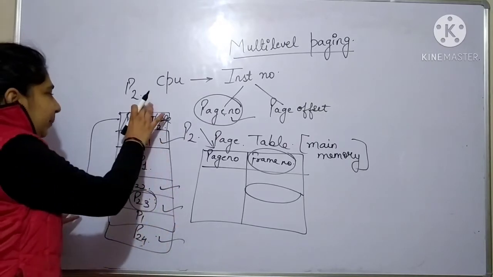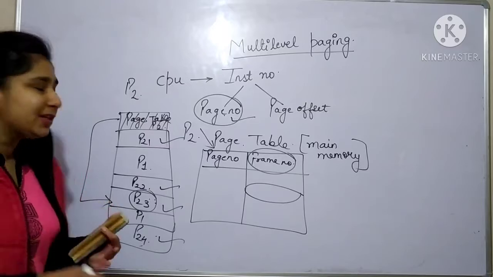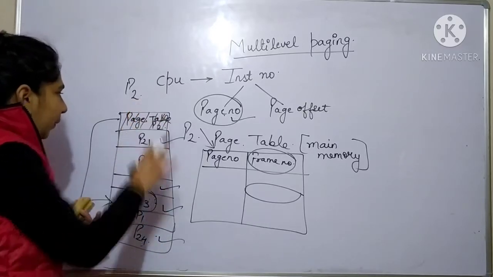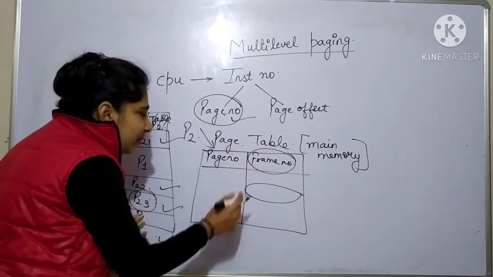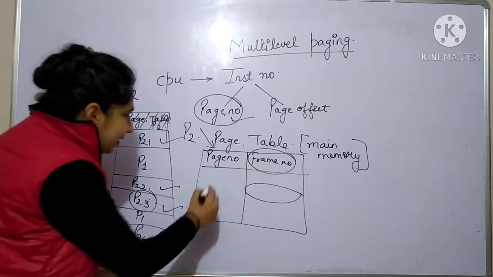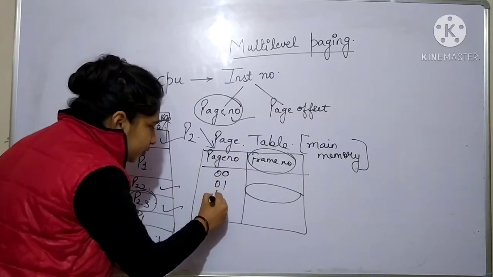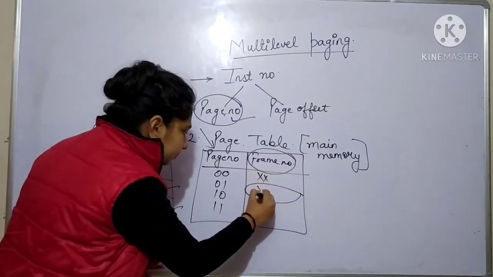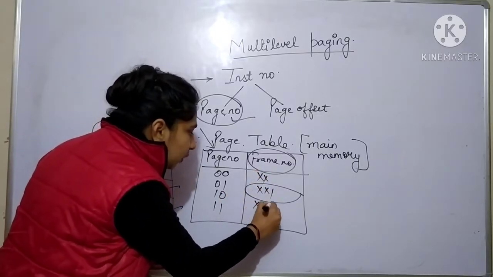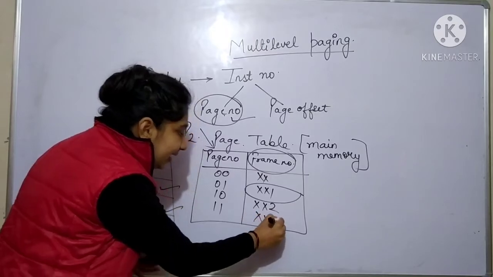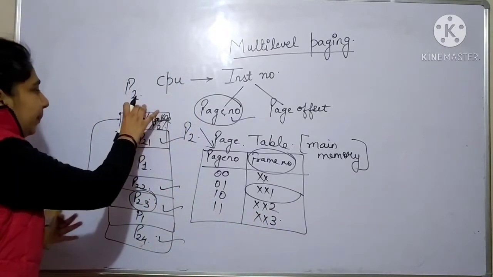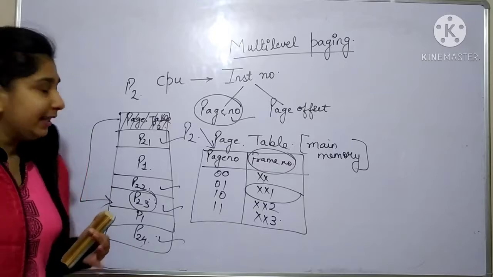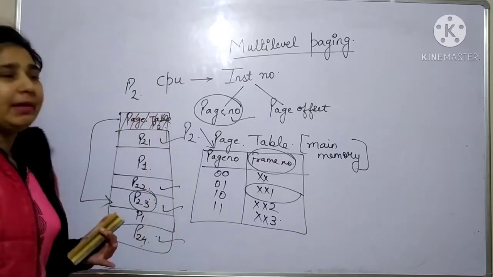My complete page table is stored in just one page. Your page table has entries, like this page number is stored at this frame, and all four entries are stored in one page, in one frame of main memory.